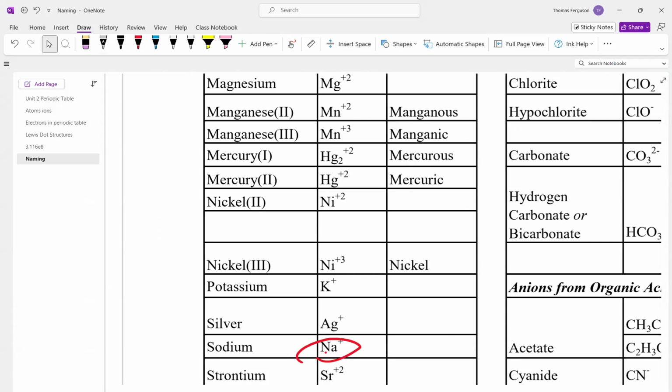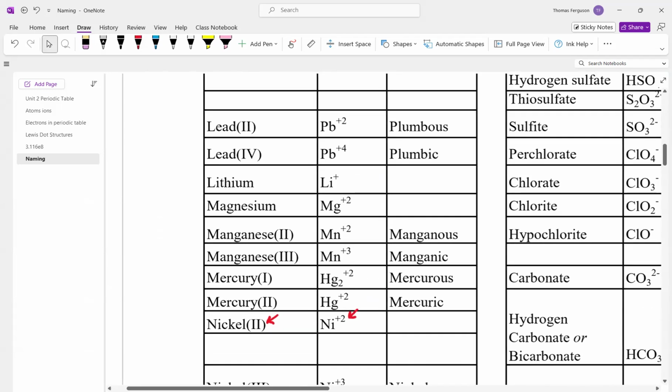So what they do is they put in parentheses the Roman numeral that corresponds to the charge. Now you have to know your Roman numerals. You only need to know 1, 2, 3, 4, which is IV, and 5, V. So if there are multiple versions of the cation, and they all are from the middle area, you'll see them marked like this in parentheses.